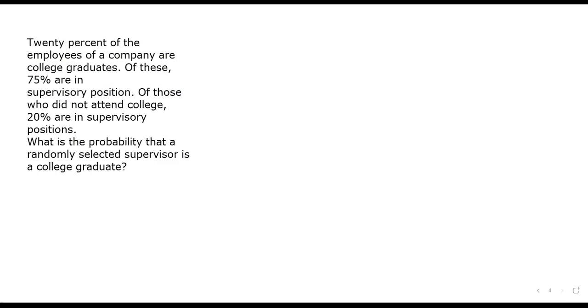Okay, so the probability of college graduate is what? 20%. So we're going to say probability of college graduate is 0.2. So the probability of not being a college graduate, the complement of college graduate, is what? 0.8. Do we agree?